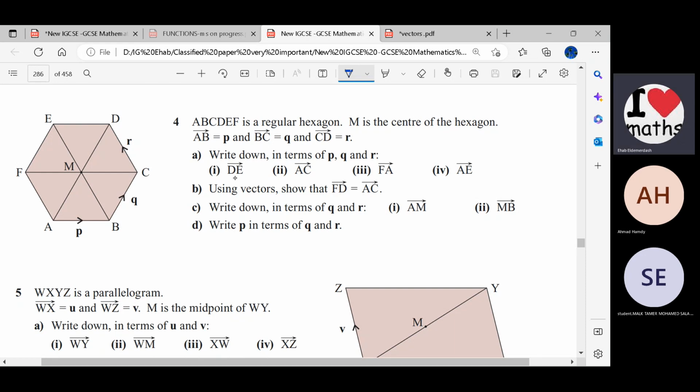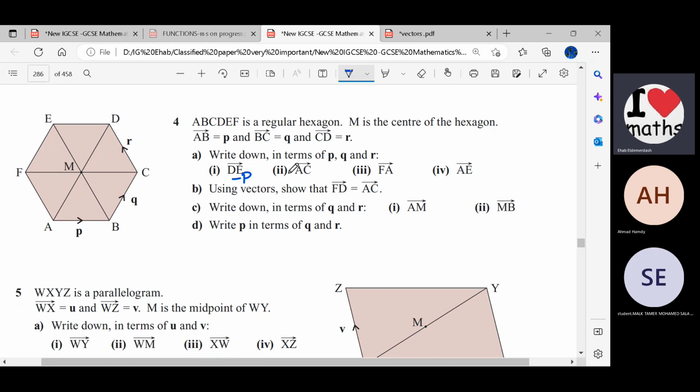How can I express it? Minus P, because I went inversely. They are parallel and equal but in opposite direction, so I have to put it as a negative. Agreed?